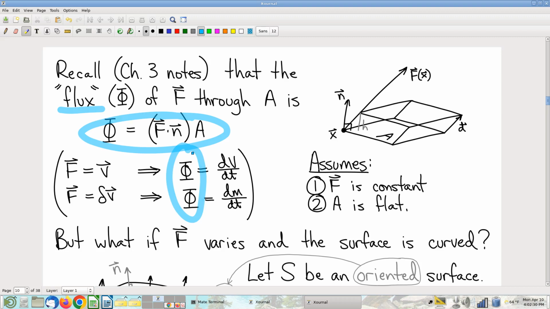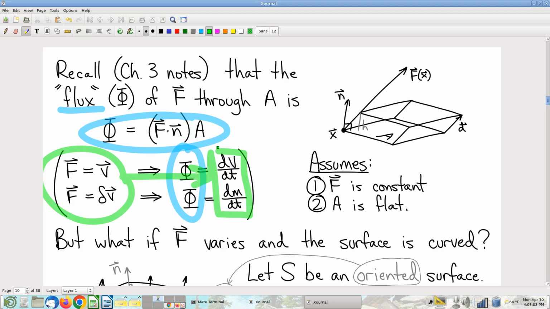Well, it means different things in different circumstances, but depending on what your vector field is, it computes one or the other of these quantities, and both of them are interesting, right? That volume per unit time of fluid is an interesting thing. Quantity, like mass or population or whatever it is per unit time, also interesting. So depending on how your vector field represents your fluid, flux is always something good. Right? It's a natural quantity of interest in many ways.